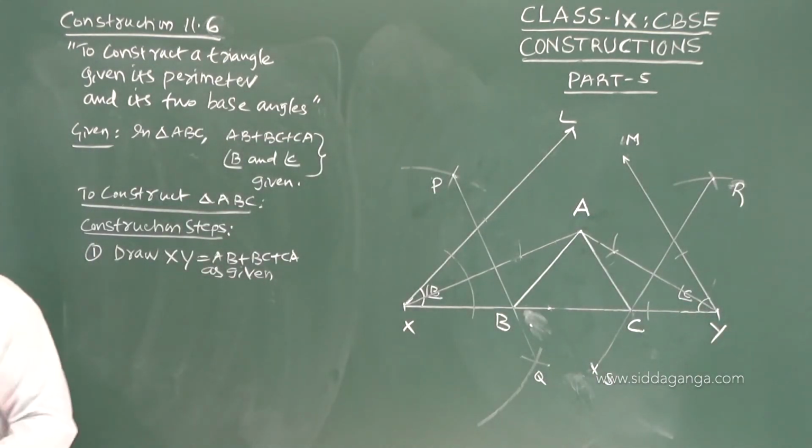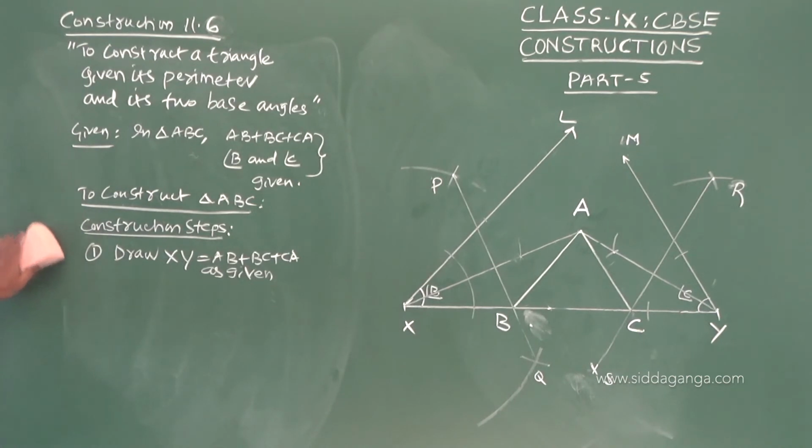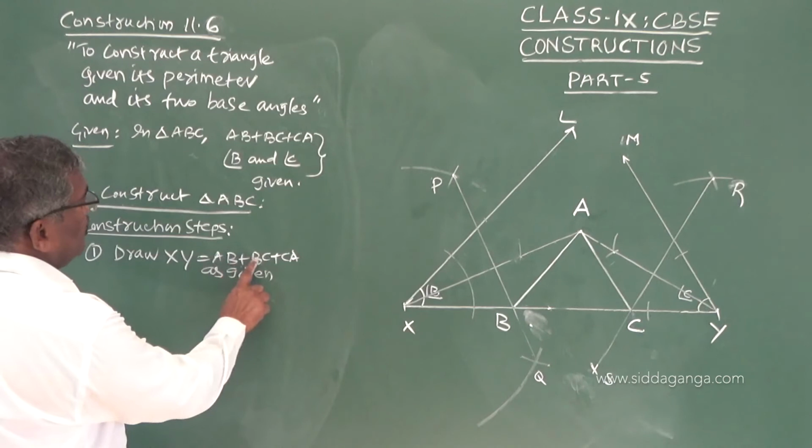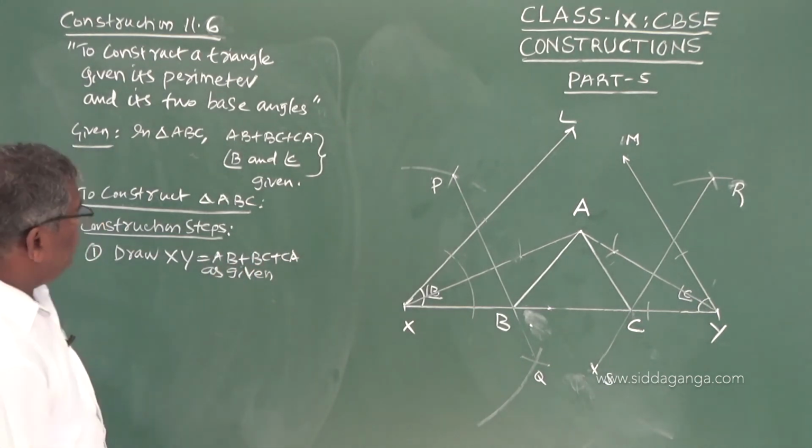So now I will write the procedure. First, draw XY equals AB plus BC plus CA as given.